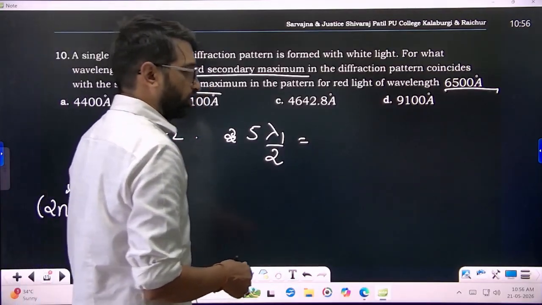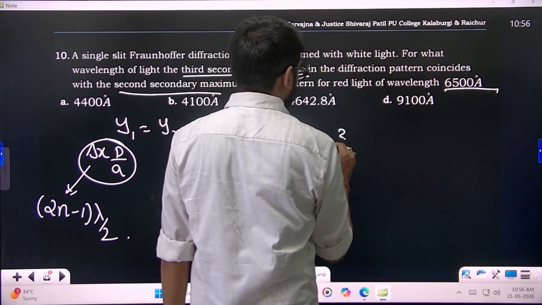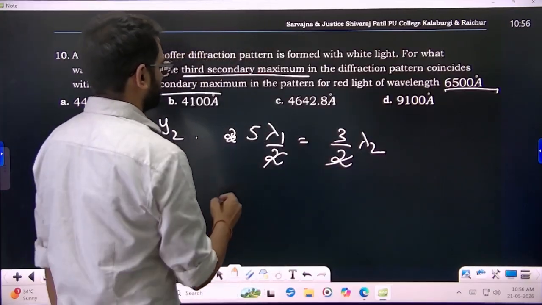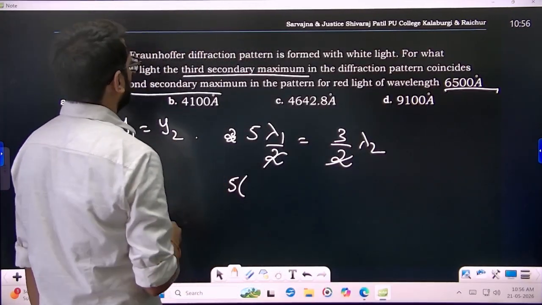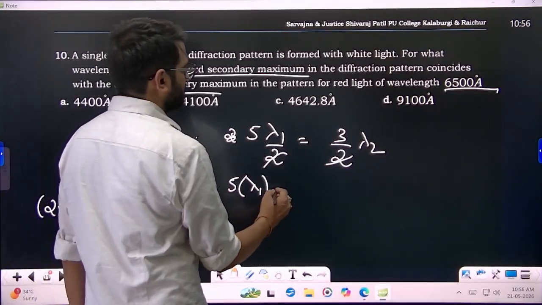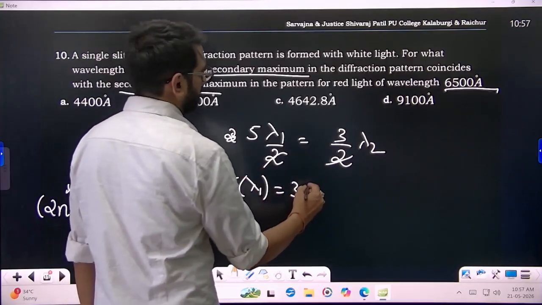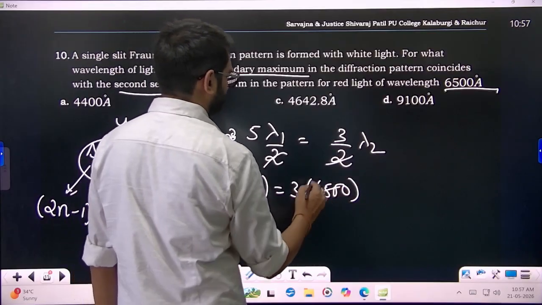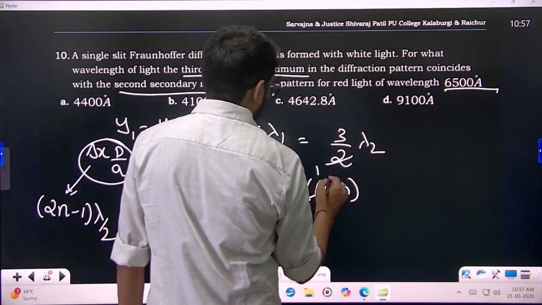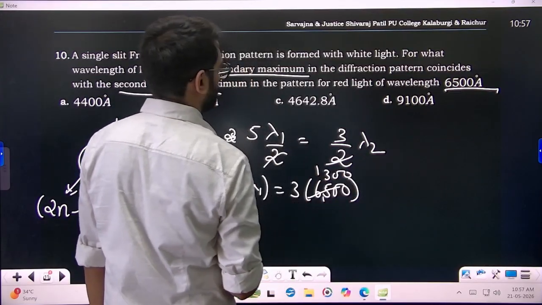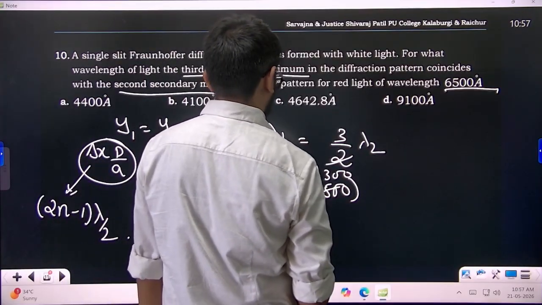So 2 into 2, 4, 4 minus 1, 3. So 3 by 2 into lambda 2. 2 gets cancelled. Let us substitute: 5 into lambda 1. Lambda 1 we have to find out. Lambda 1 is equal to 3 into lambda 2. Lambda 2 is 6500. So this one is 5300.